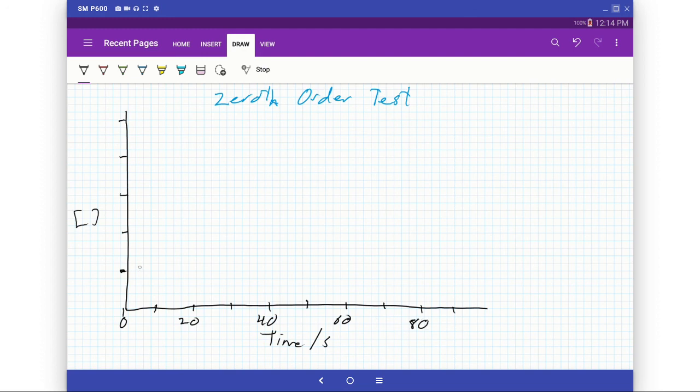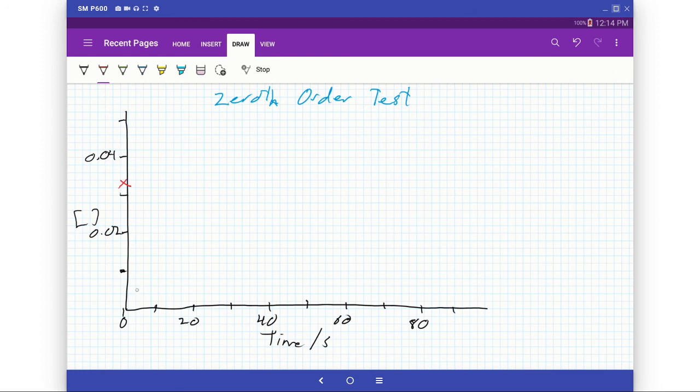So the concentration, 0.02, 0.04 is all we need. And then to look at my data set, at time 0, we have 0.0327, about right there.